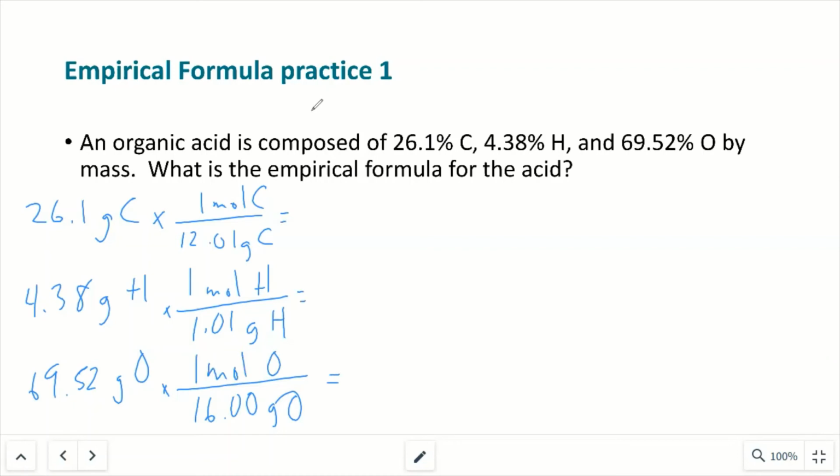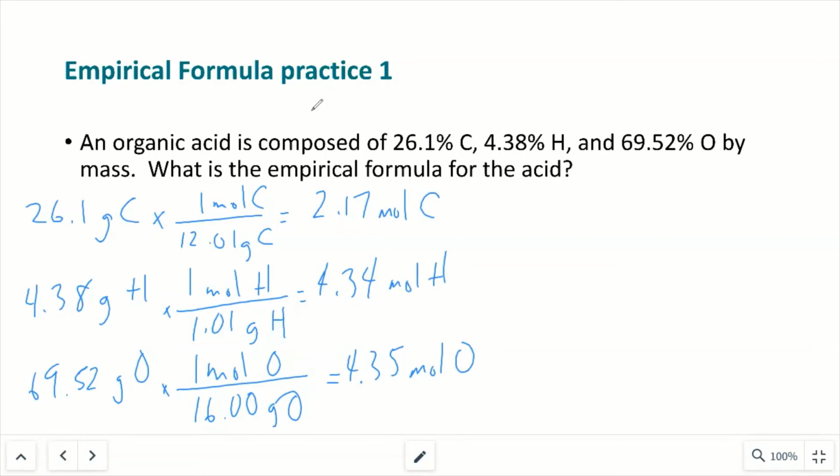So I do all the calculations. 26.1 divided by 12.01 to 3 sig figs, I get 2.17 moles of carbon. 4.38 divided by 1.01, I get 4.34 moles of hydrogen. 69.52 divided by 16, I get 4.35 moles of oxygen.